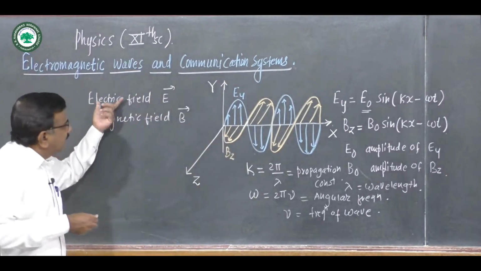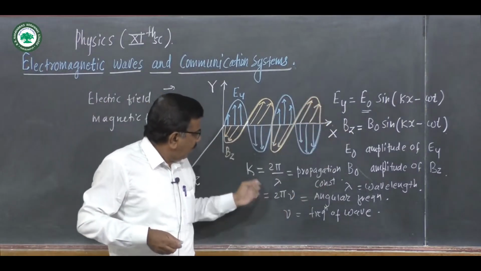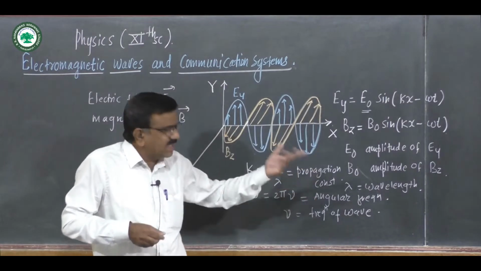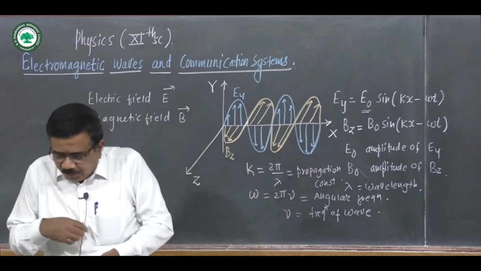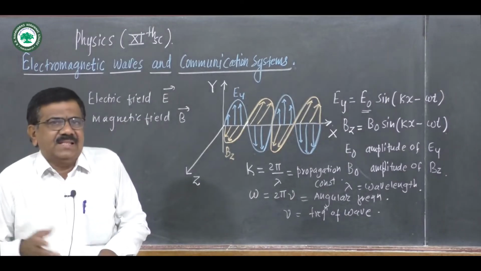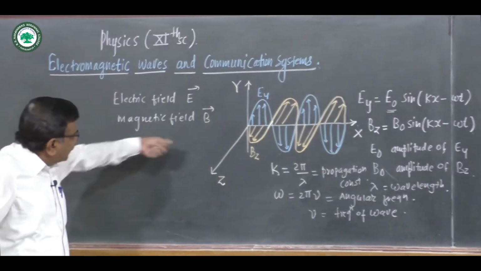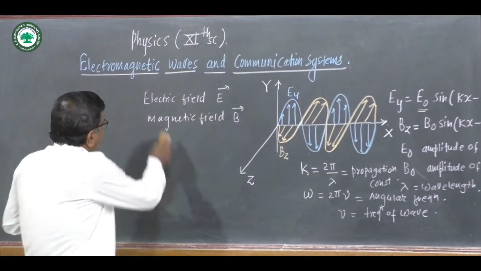So this is about the electric field and magnetic field. In these equations, k is the propagation constant, omega is the angular frequency of the wave, and both waves are in phase with the same frequency. We also know the properties of these electromagnetic waves.